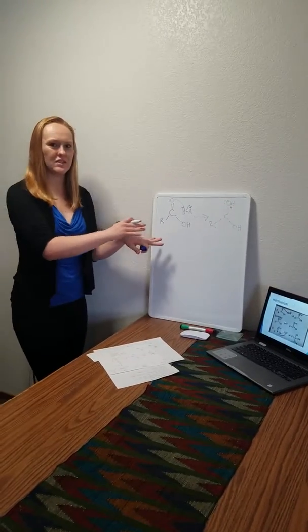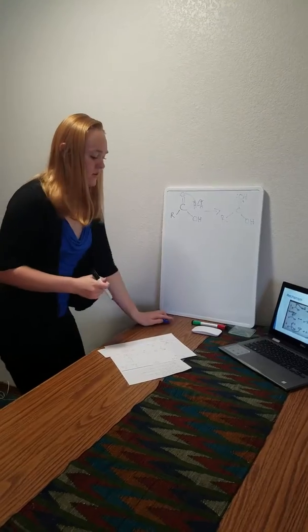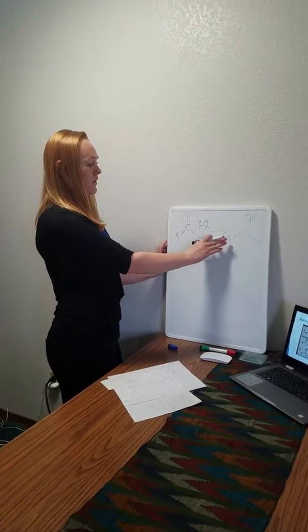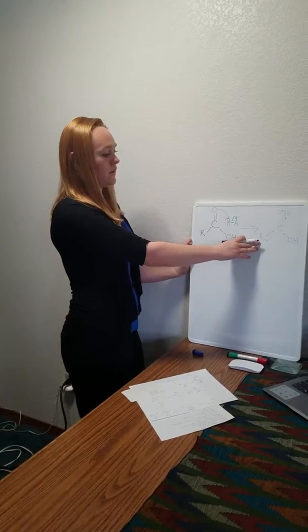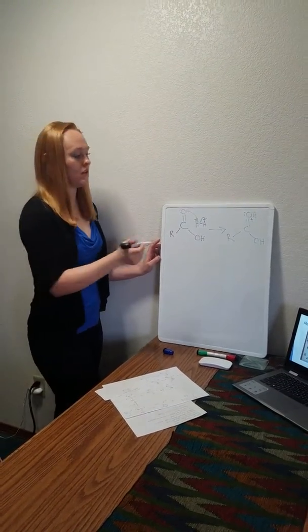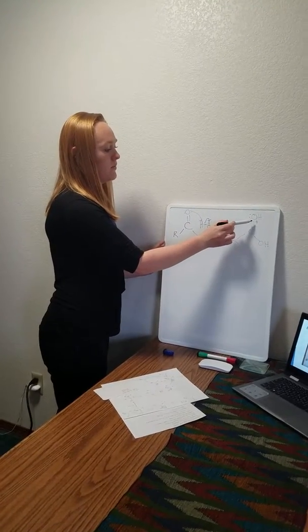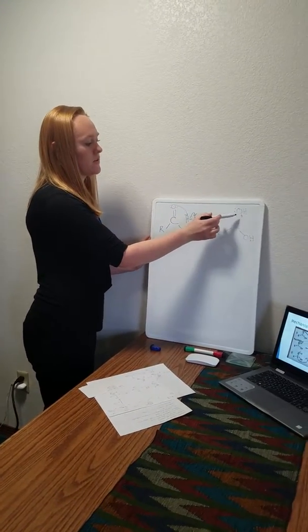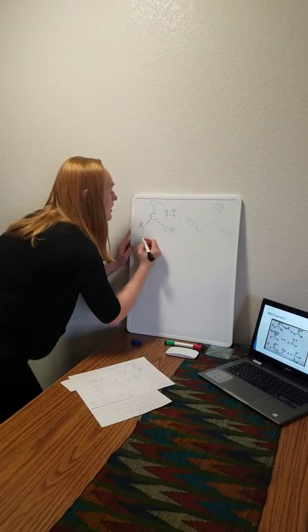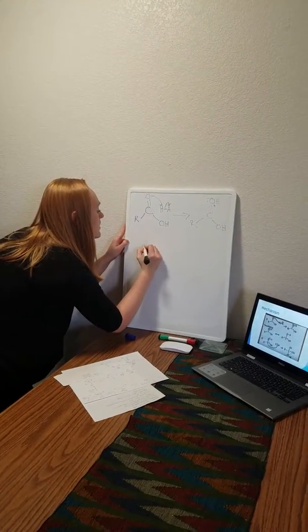Can you see this? Is it too light? Okay. Cool. So then this protonated carboxylic acid has resonance structures because it's protonated, because there's a slight positive charge on this oxygen atom. I'm going to draw this here.